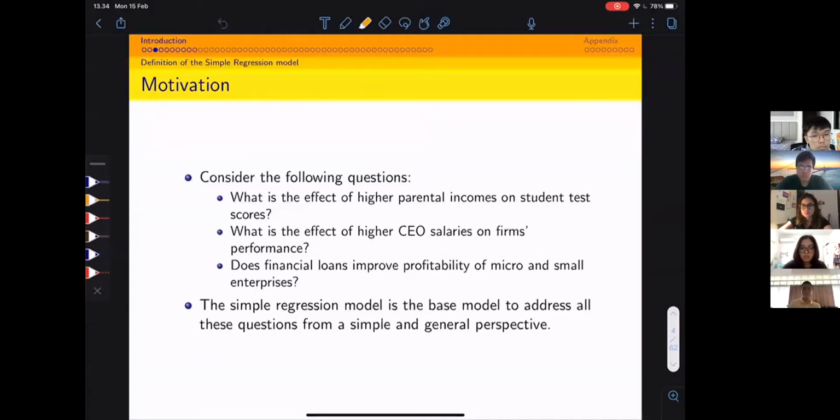If you talk about managerial economics or economics in general, we care about incentives. One of the topics of incentive that we care about is the effect of incentive on productivity. So we're interested in whether or not higher CEO salaries have an effect on the firm's performance. We're also interested in questions related to financial loans to improve the profitability of micro and small enterprises.